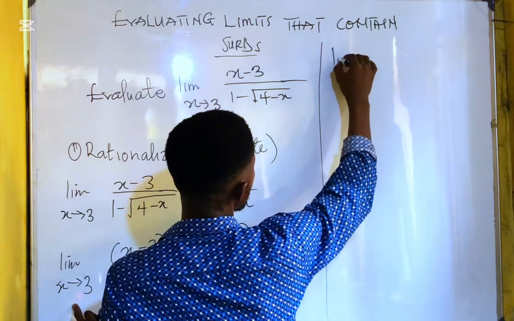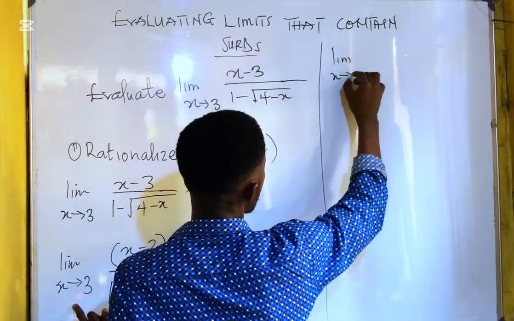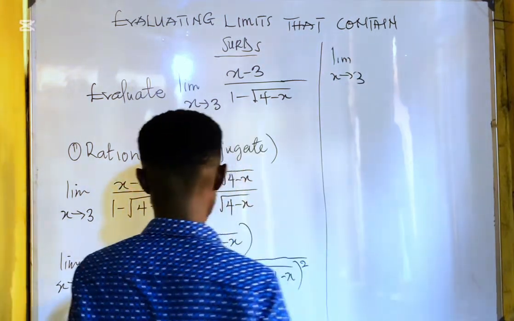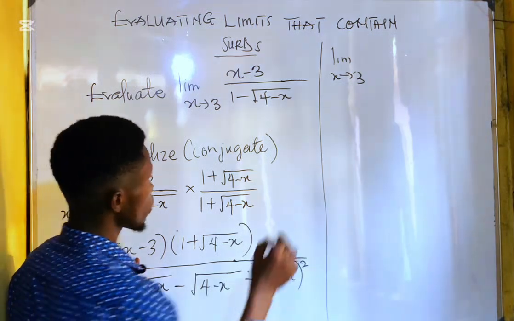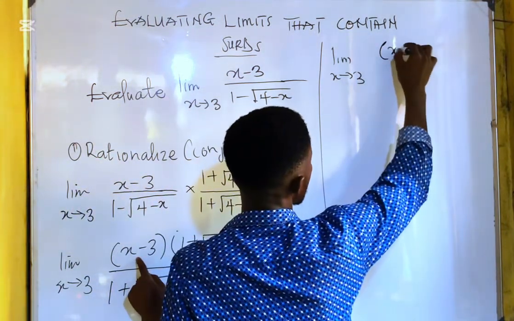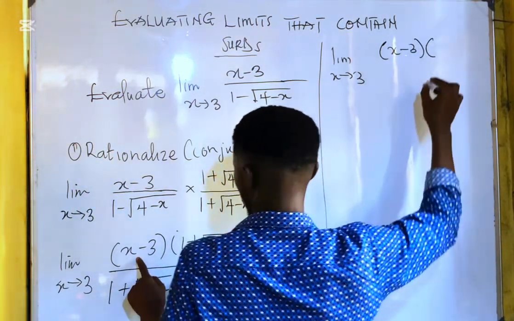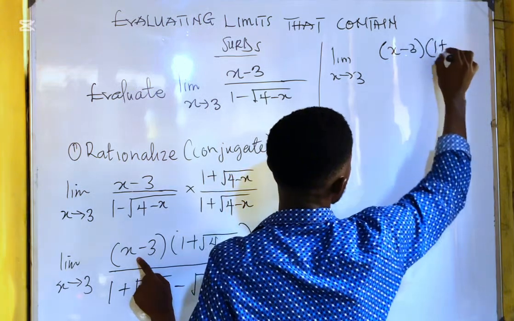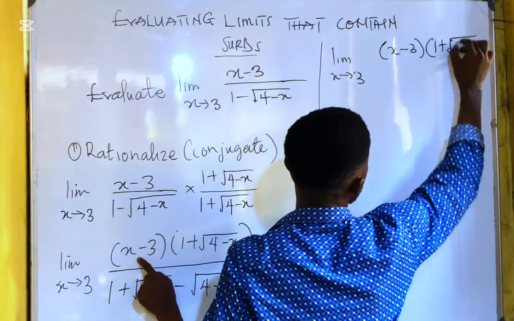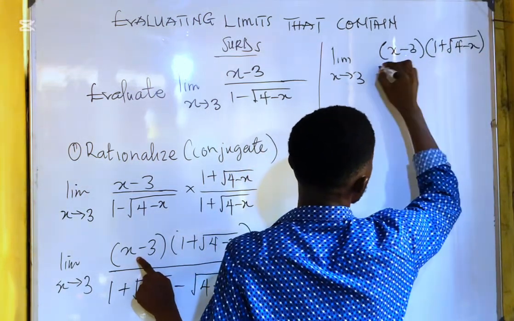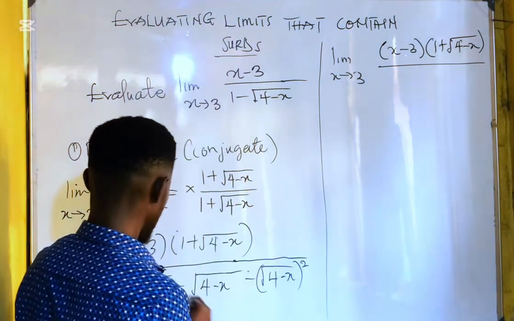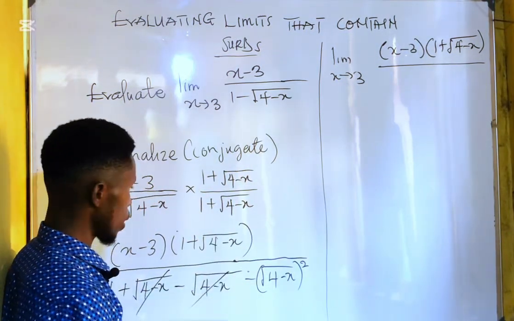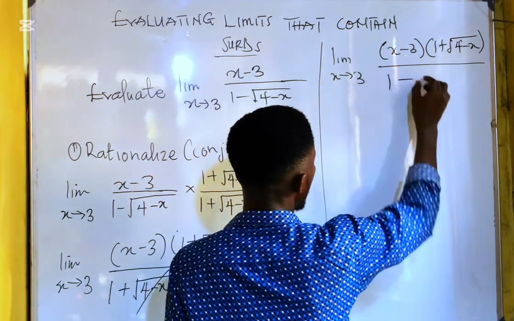Looking at this, you have the limit as x approaches 3. Let's maintain the top, which is x minus 3 times 1 plus the square root of 4 minus x, all divided by, now this and that are the same, so you cancel out, leaving 1 minus.